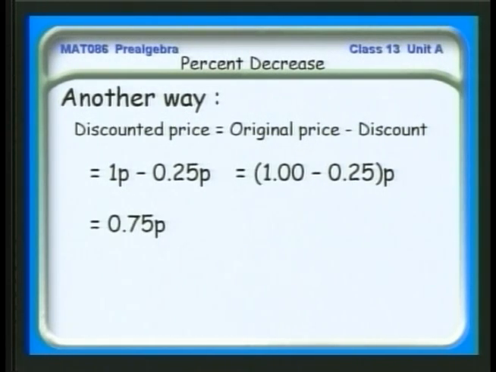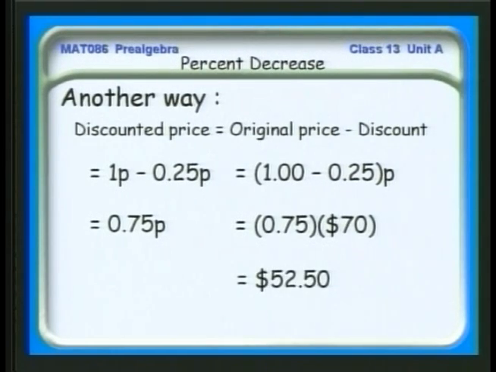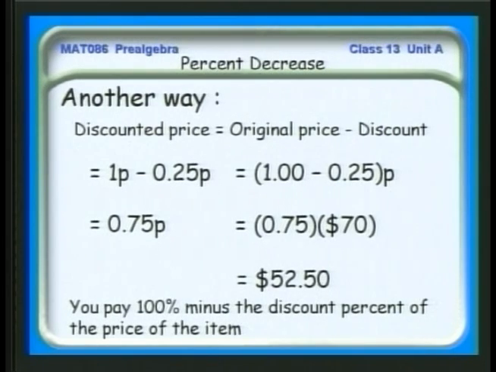Doing some math, I find that I could just find the discounted price by taking 75% of the original price, and I would wind up with exactly the same thing. In other words, you pay 100% minus the discounted percent of the item. So 100% minus 25% is you pay 75% of the original price of the item.